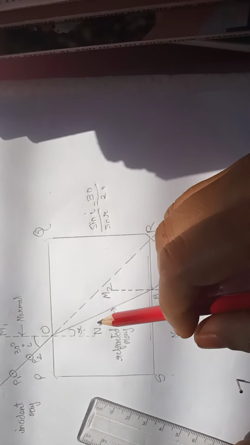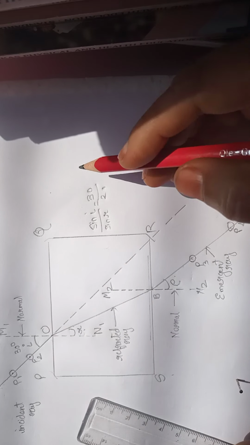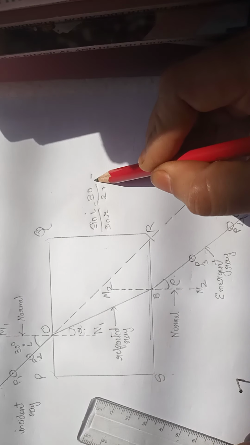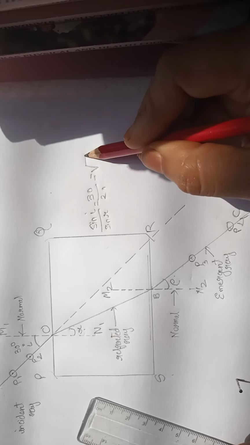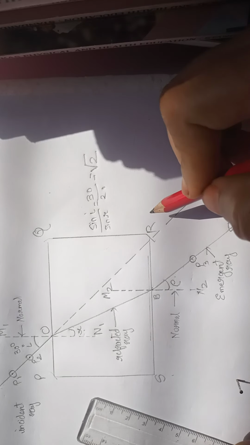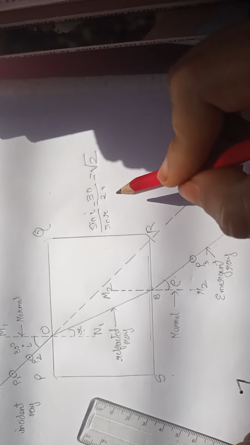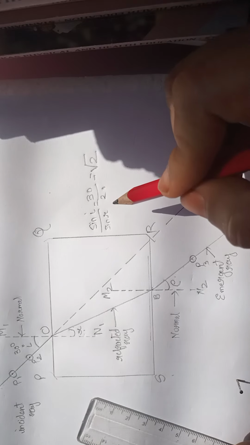I have measured it, it is 20 degrees. So you will find that sin I upon sin R is always root 2. That is, sin I upon sin R is always constant. So I hope students you have understood the experiment. It is very easy.